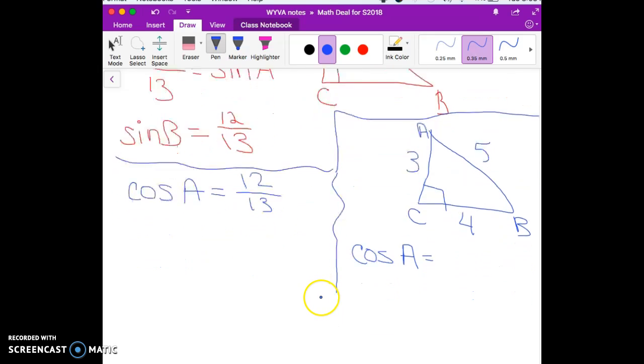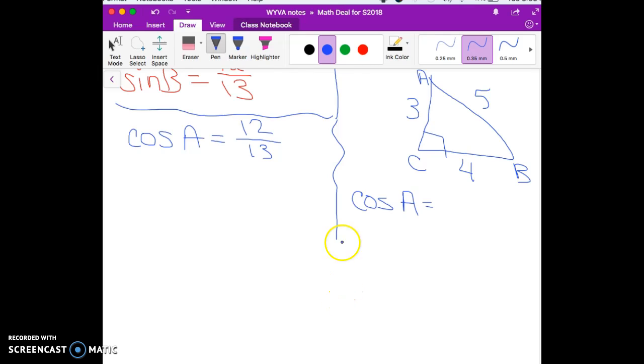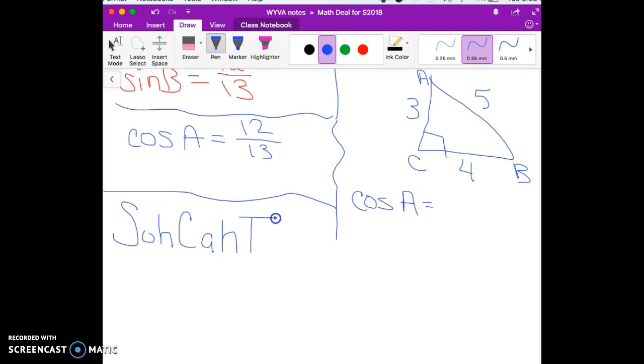Well, I get really confused with what these mean. So there's a saying. It's SOHCAHTOA.